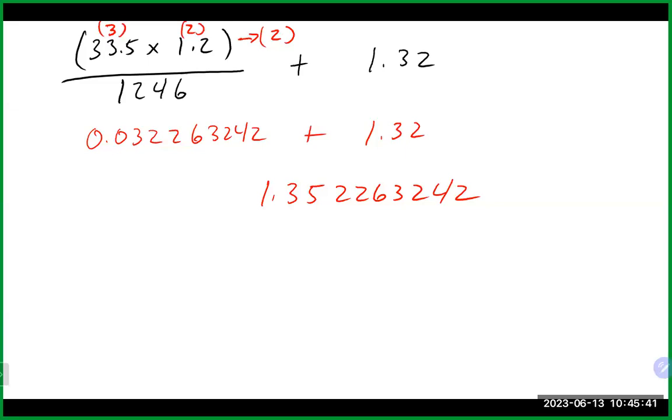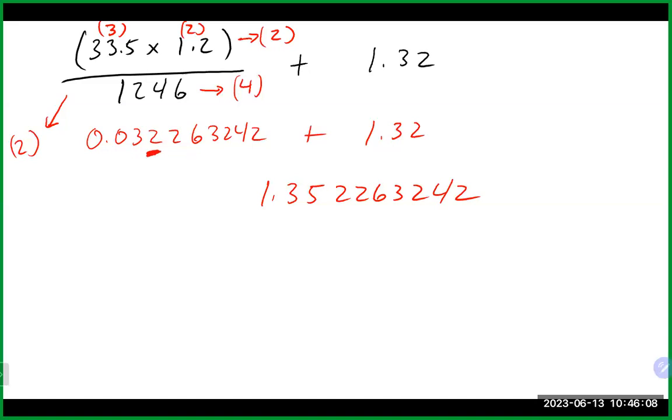The next thing that we would do is take that number and divide it by the bottom number, which is also looking at significant figures. So we would be taking a number that has 2 significant figures and dividing it by a number that has 4 significant figures, which means when we're done with the left-hand side here, we should have how many significant figures? 2, which takes us to here, right?